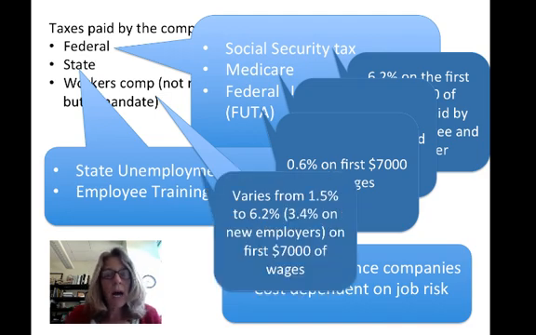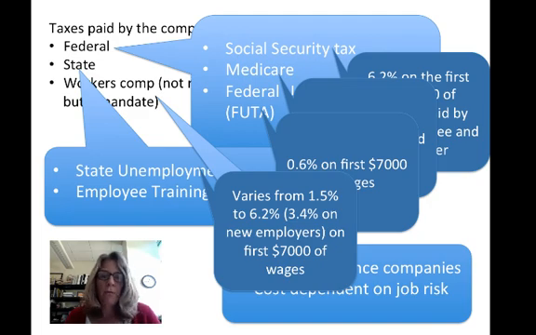Now the state unemployment tax. Unemployment tax is actually an interesting thing. It varies for each employer, dependent on your history of laying people off. If you work in a company that's laid people off quite a bit, your rate could go up to 6.2%. If you're at a company that never lays people off, your state unemployment tax can be as low as 1.5%.